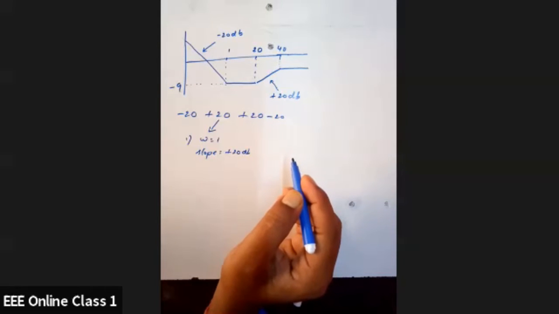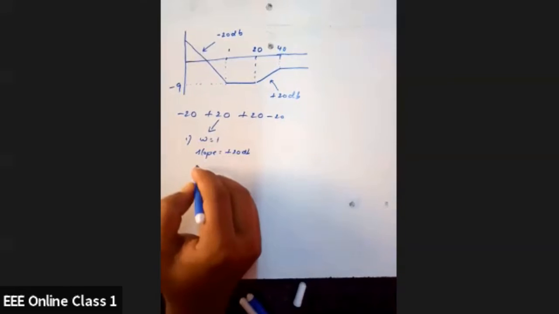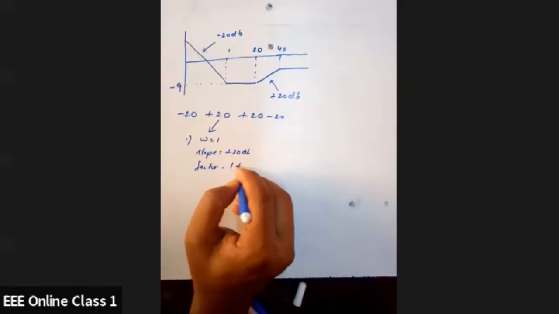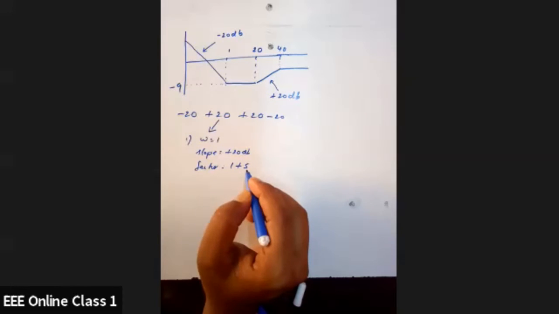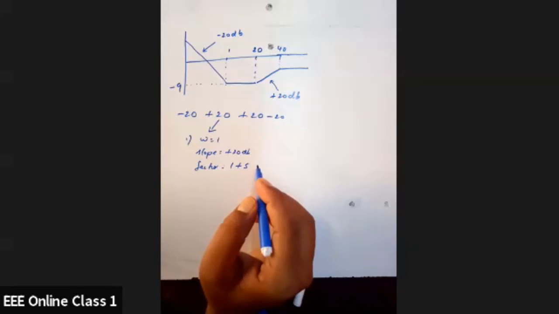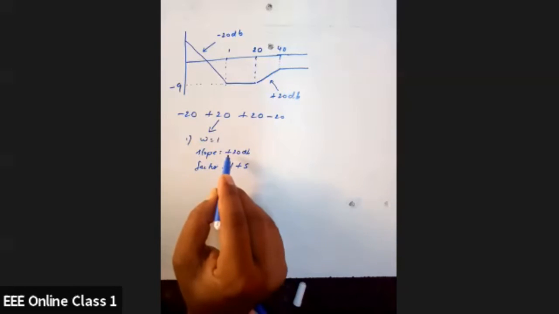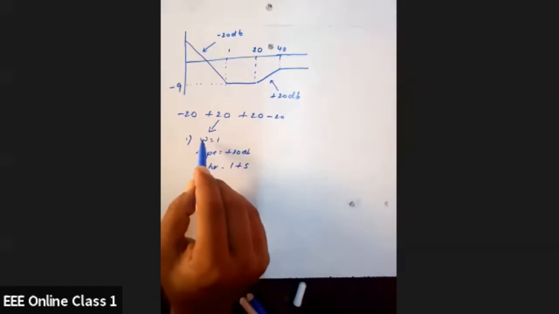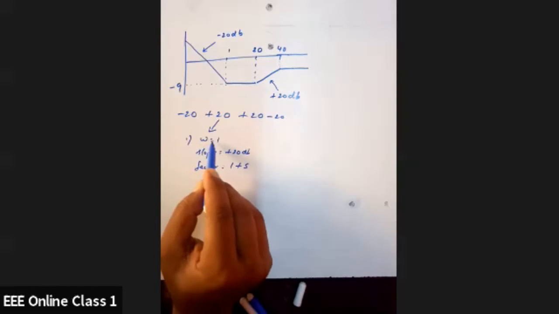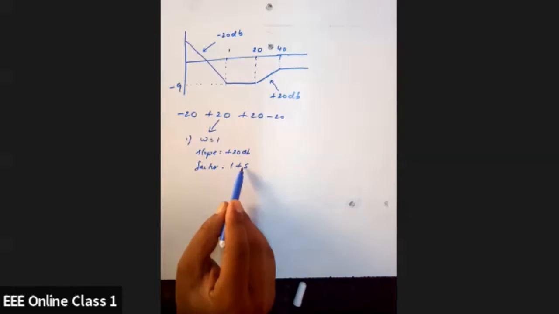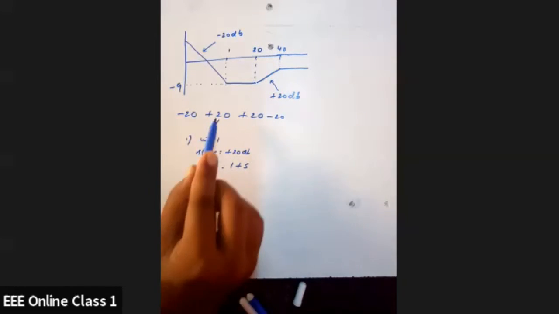So our factor is 1 plus s, because slope is plus 20. So 1 plus s, and corner frequency is omega equal to 1, so 1 by 1 will give you s. So this is our second factor.